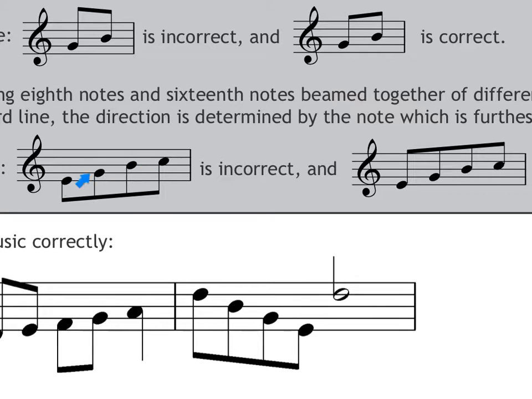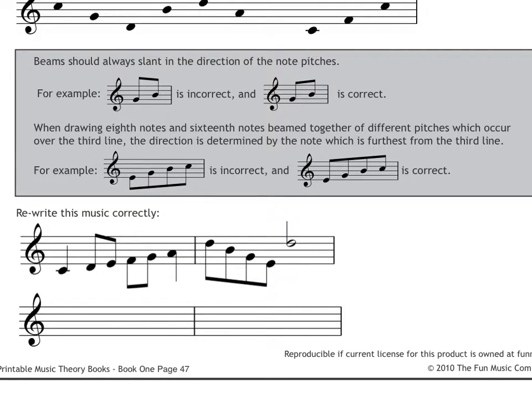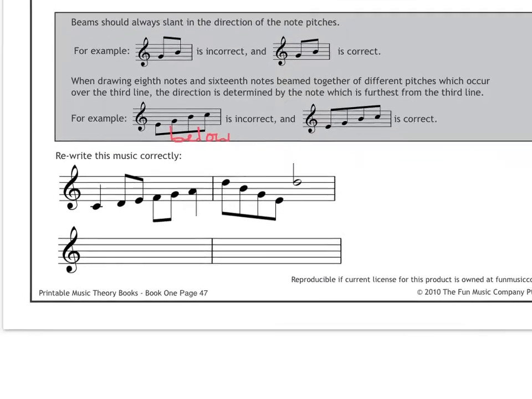Since we're mostly on the lower half of the staff, we should be putting stems up, even though this note is above the middle line of the staff. So generally this stuff is below. I'm just going to write it here. So stems should go up. That's why this notation is incorrect. This notation is technically correct for those particular eighth notes.